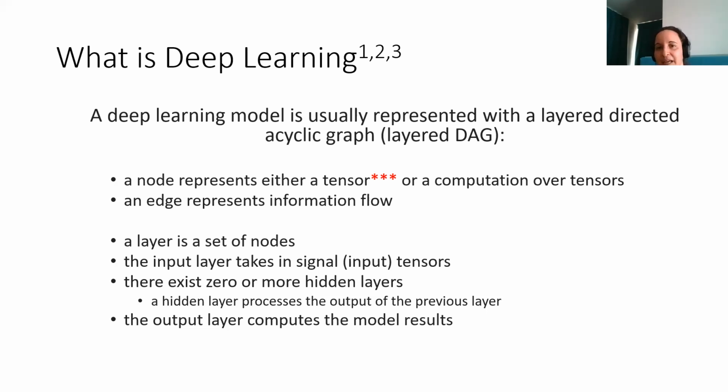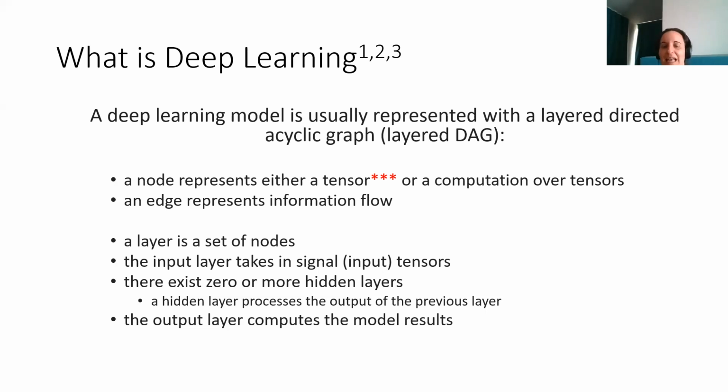And this graph can be divided into layers, and we'll see these layers. A node in this graph represents either a tensor or a computation over tensors. And as we said, we'll discuss what is a tensor. This is basically the structure where data is represented in deep learning. An edge represents some information flow or dependency.